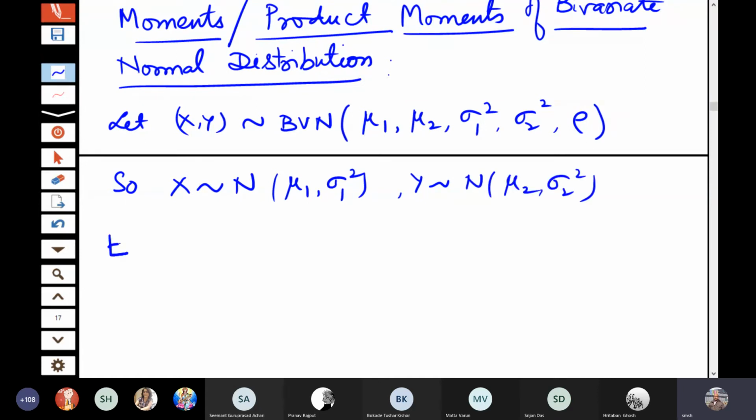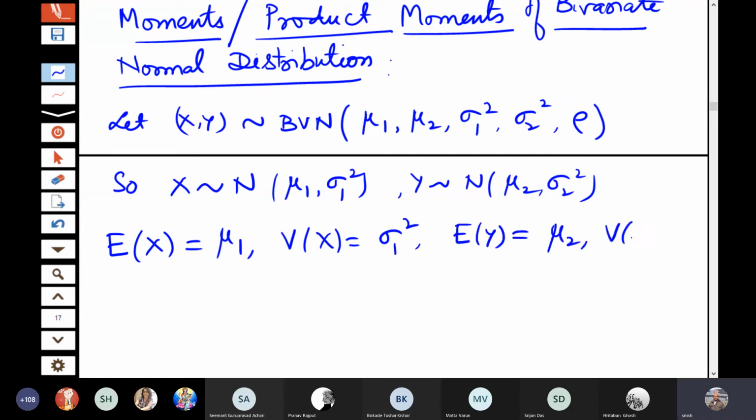Okay, so you are immediately getting that expectation of X is mu1, variance of X is sigma 1 square, expectation of Y is mu2, variance of Y is equal to sigma 2 square. So if I consider the moments of X as well as Y, they are all obtainable. You can also have third moment, fourth moment, and so on. Let us talk about only first two order here.